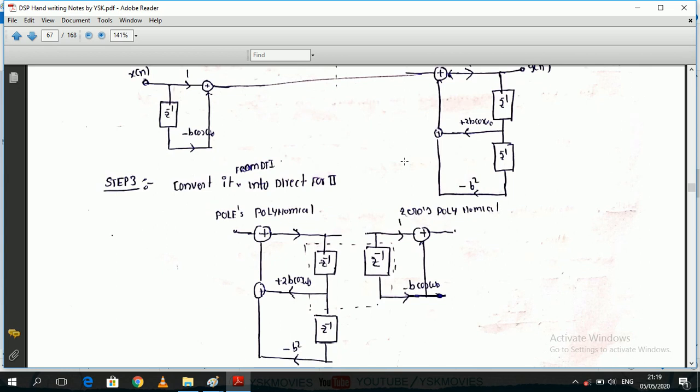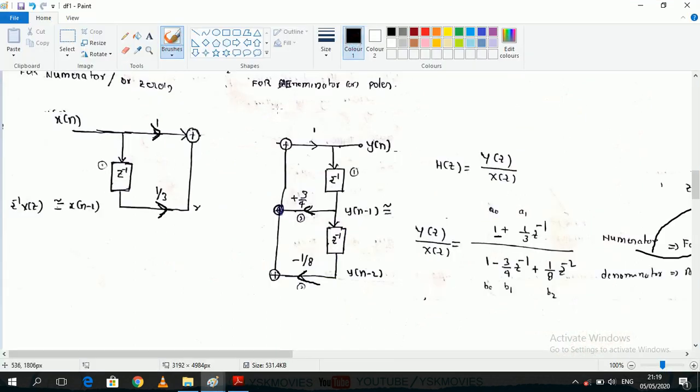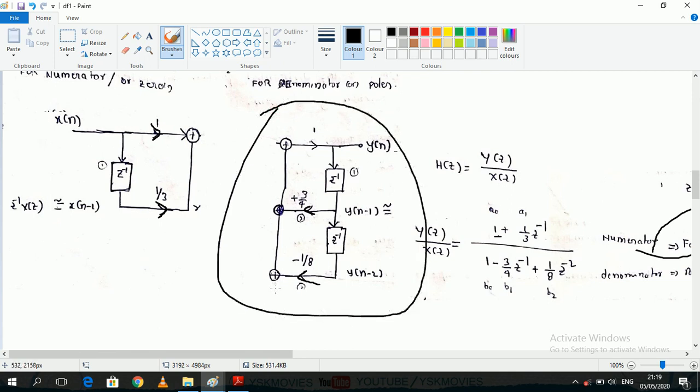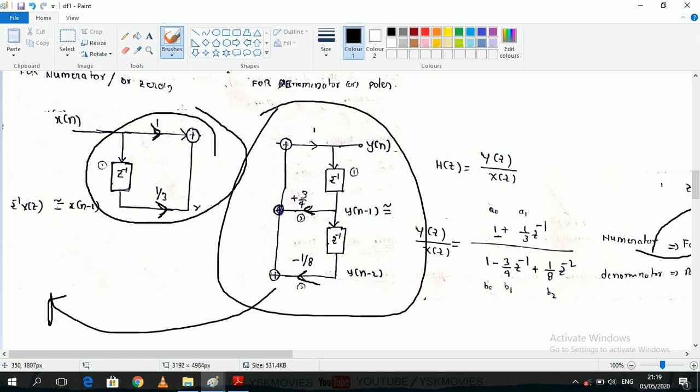So first we design direct form 1. After that, the step is this: the right part is moved to the left side, and the left part is moved towards the right side. This is direct form 2.